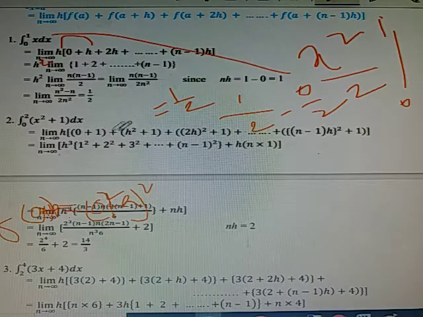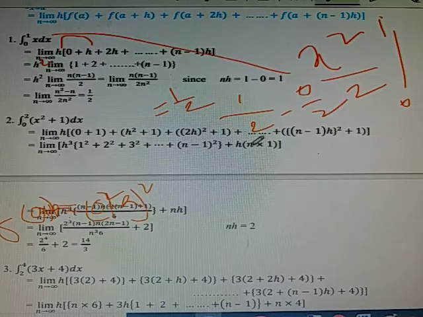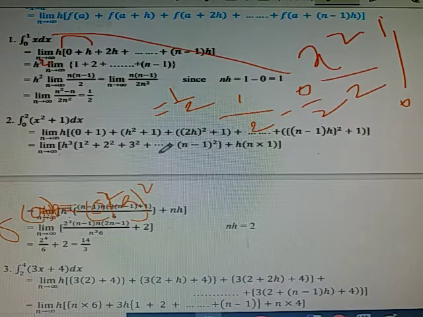So n into 1 is n. So h into n, and h square you take out. After taking h square out, you have 1 square, 2 square, 3 square, etc., after n minus 1 whole square.